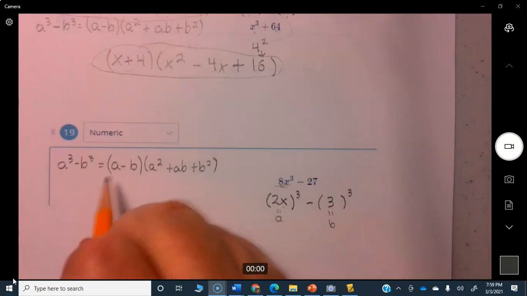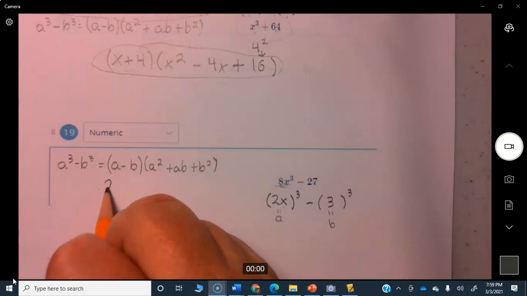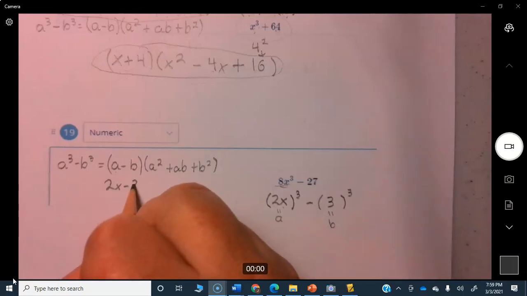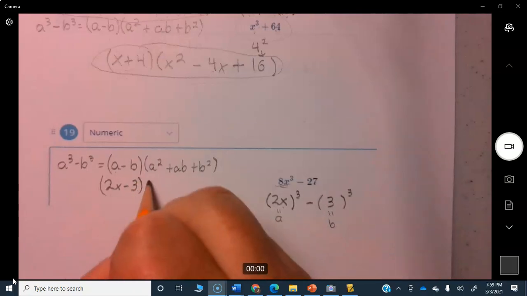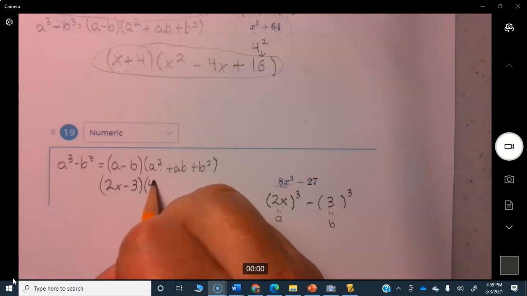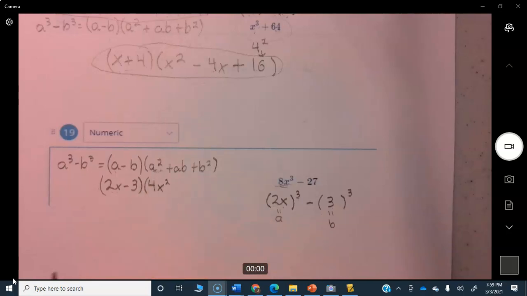A is 2x, so right below it, I'm going to just write it. 2x minus b is equal to 3, parenthesis. Then it's a squared, so that's 2x squared. So 2 squared is 4, and x squared is x squared. So that's the a squared. Remember, you're squaring both the 2 and the x there.